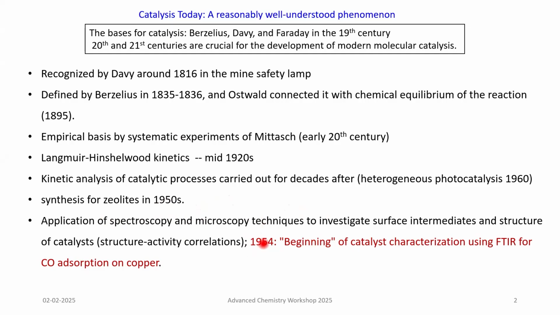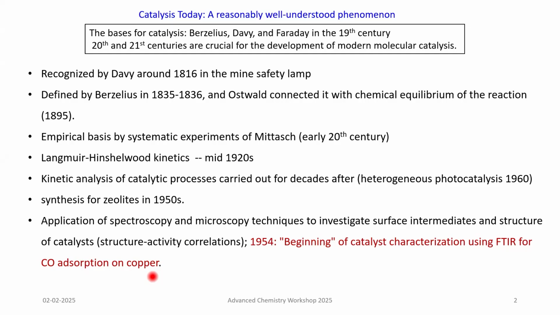Till 1954, there was no serious spectroscopic technique which could probe the catalyst and tell us what is there on the surface, what is going on on the surface. So, somewhere around 1954 is the beginning of catalyst characterization using FTIR spectroscopy, particularly CO adsorption on copper. That was the first time a spectroscopy technique was applied to understand catalysis.